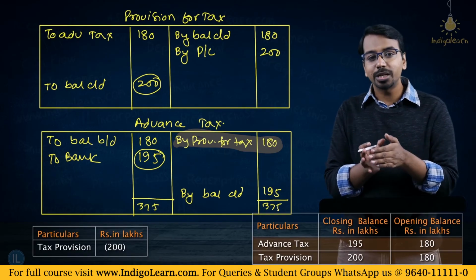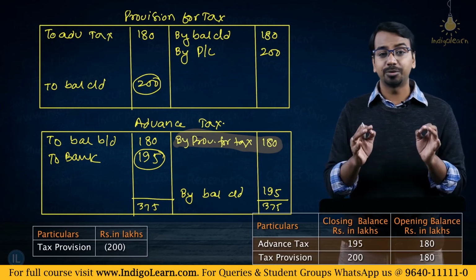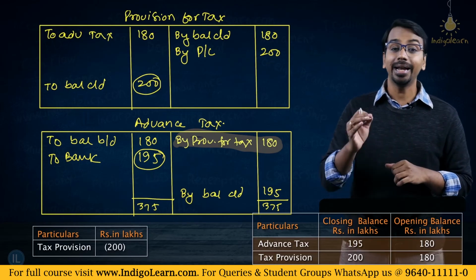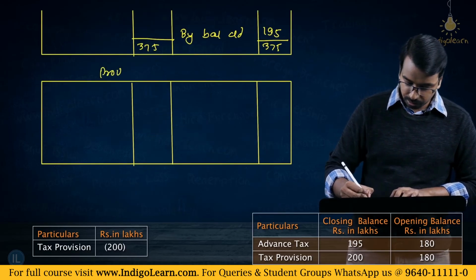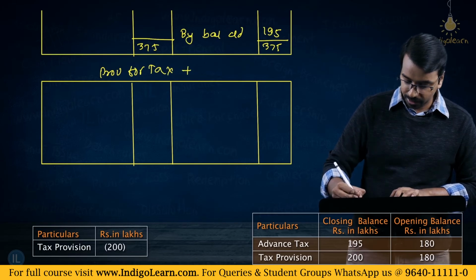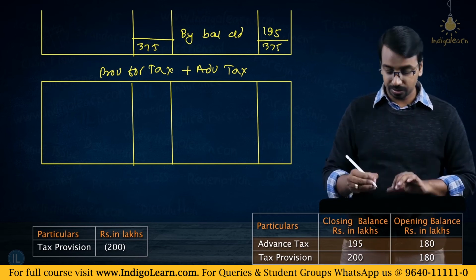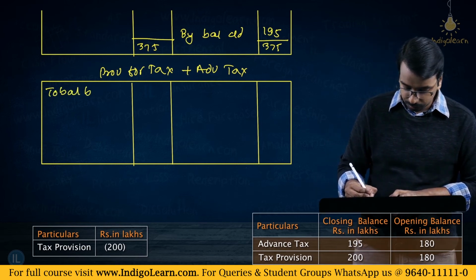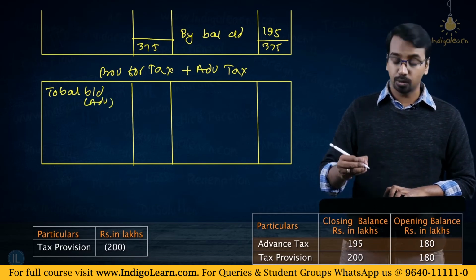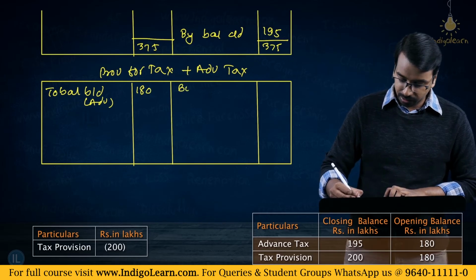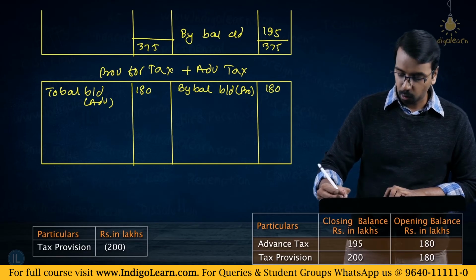Now instead of preparing two separate accounts for provision for taxation and advance tax, I can have a single account capturing both provision for taxation and advance tax. Let's see how it looks. So you can have provision for tax plus advance tax in a single account. Now when I have a single account, I will have to balance brought down, this is of advance tax, to balance brought down as per the question it is given as 180, provision by balance brought down, this is the provision which is 180.